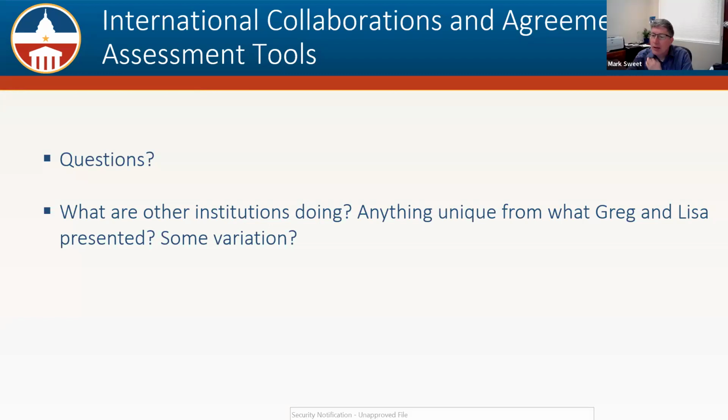Do either of your assessments consider the potential benefit of the international collaboration? Do you involve faculty or other subject matter experts in assessing the benefits? Right, absolutely. It's just a matter of really understanding what any associated requirements might be, like what data and materials are we talking about, whether there are any license or other requirements, and then having a conversation, certainly with the researcher, regarding the collaboration.